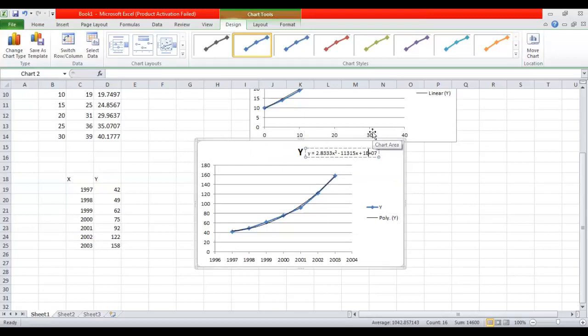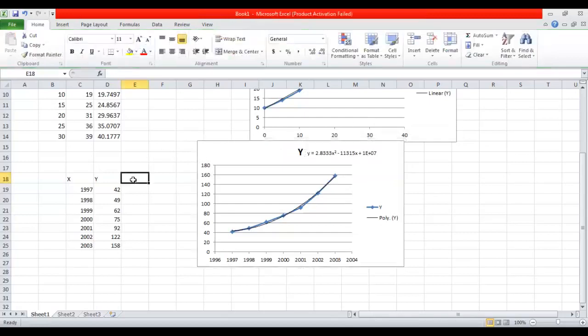So by using this parabolic equation in the same way, we find the trend values for this. Procedure is same here. What is the equation we use? It is in the form of ax square plus bx plus c. So that value we use as it is.